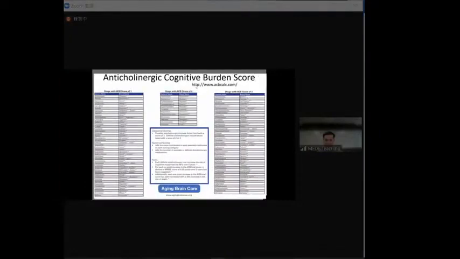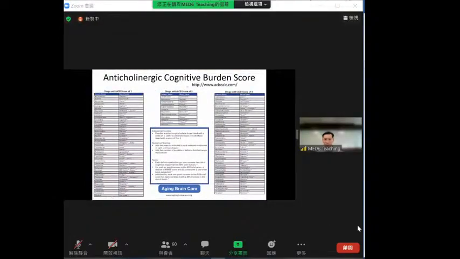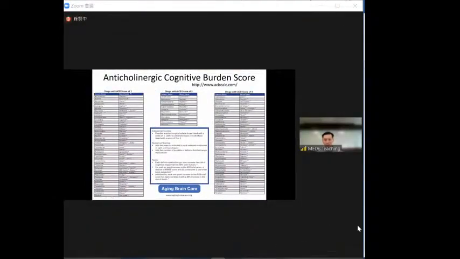Of course, there are some calculators. You can go through this website and try to input the names of the medications, and then it can calculate the total anticholinergic burden score. So if you type a patient is taking, for example, Abilify, which is a psychiatric drug, the score is 1, and then type the patient is taking another drug, carbamazepine, score of 2, another drug, doxepin, score of 3, and then because of these 3 drugs, the patient has a score of 6.